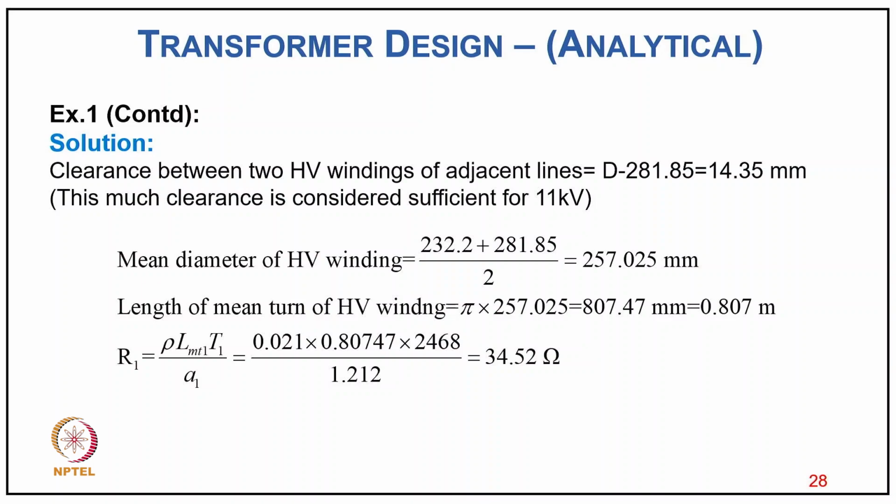Mean diameter of HV winding is typically 232.2 plus 281.85 divided by 2, so it comes 257.025 millimeter, and length of the mean turn of HV winding is pi into d, so it comes like 807.47, that is 0.807 meter, and the resistance of primary winding R1 is rho LMT T1 upon A1. Putting value, it comes 34.52 ohm.